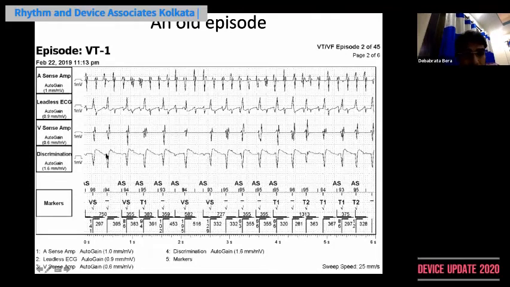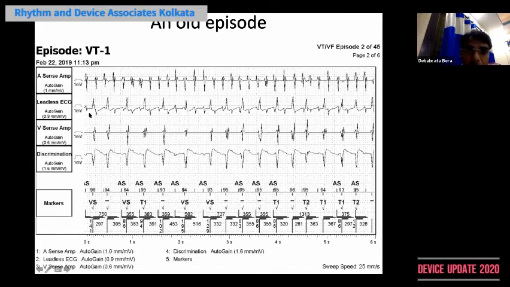These are the QRS complexes, and discrimination will determine whether the morphology matches or not. As you see here, the morphology match is 94-95%. So from this slide, if we try to decipher why it was diagnosed as VT, we have more slides also.